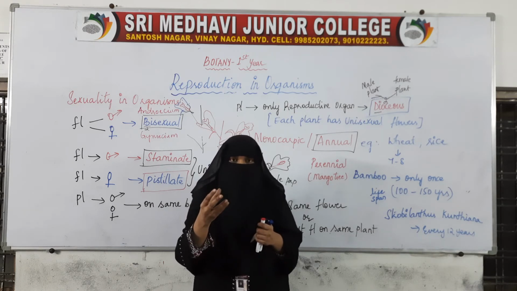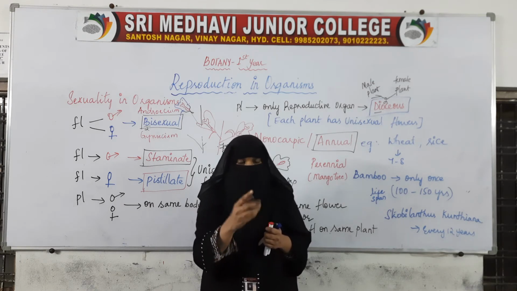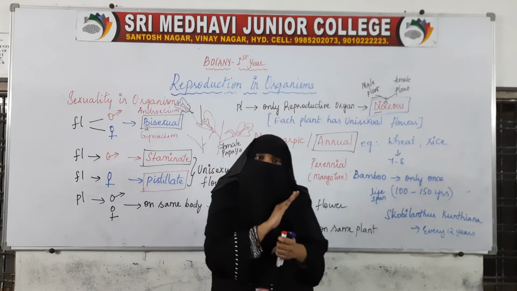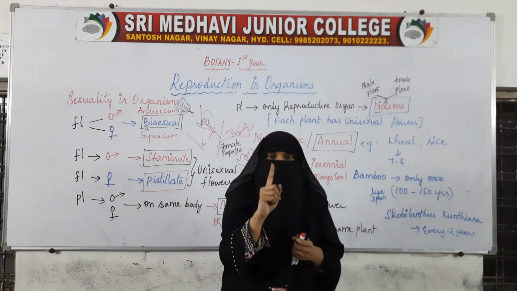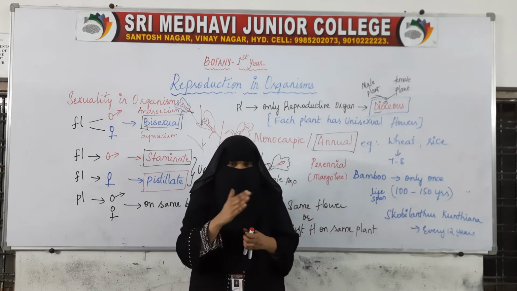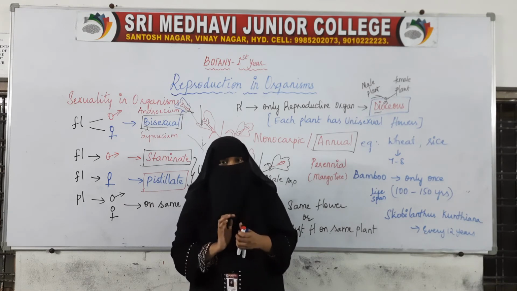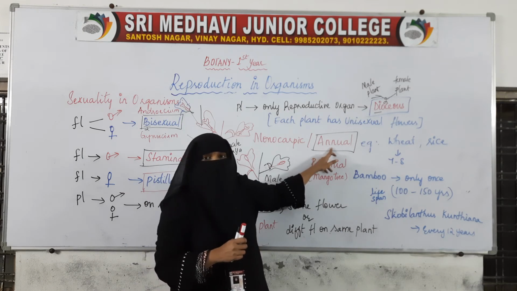It will produce flowers only once, then after flowers it will change into fruit, and then that plant will die. It lives only for 1 year, less than a year. Such plants are called annual plants.